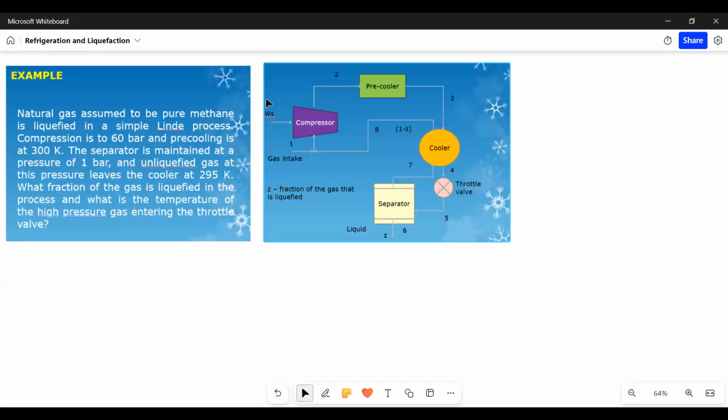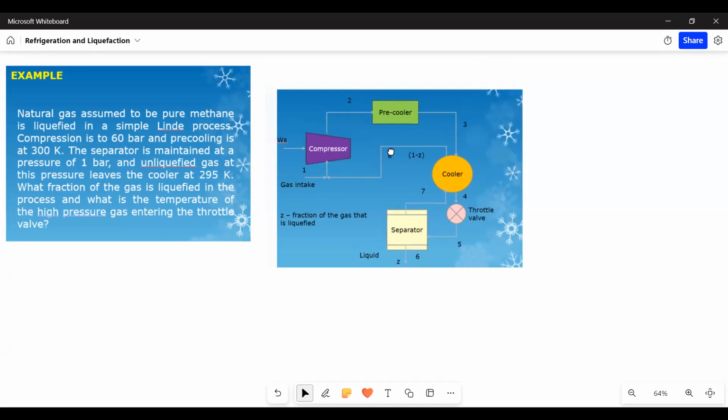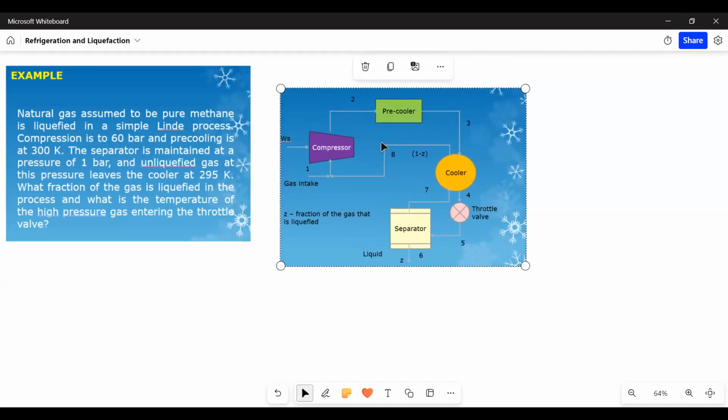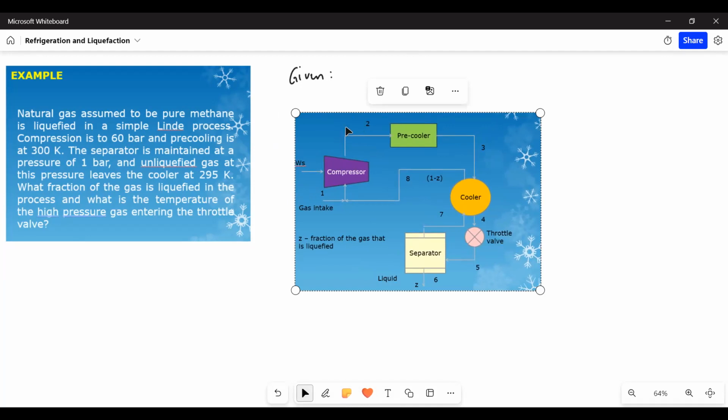Okay, so I placed here the process diagram for the Linde liquefaction process. Let's label the diagram, and this would serve as our given. Given compression is to 60 bars, so it means that after leaving the compressor, the pressure is 60 bars.